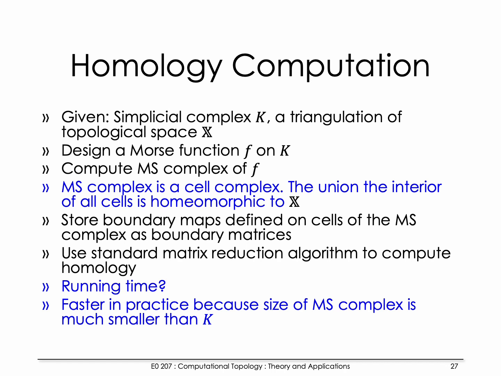So the sizes of the matrices are much smaller, right? Of course, this is not guaranteed, but in practice, the number of critical points and the size of the Morse-Smale complex is much smaller than K. Several orders of magnitude smaller, and hence you will end up with a faster algorithm for computing homology.